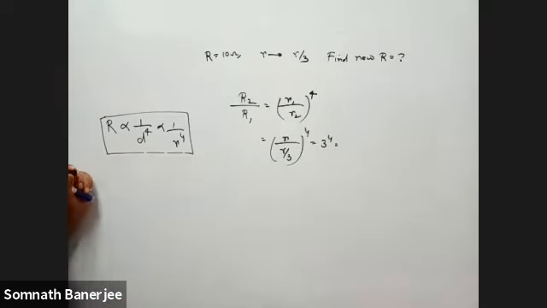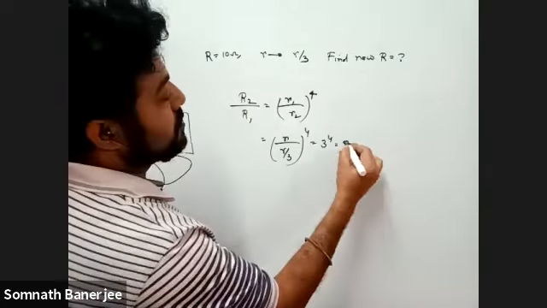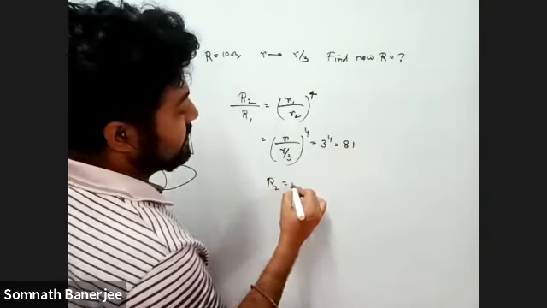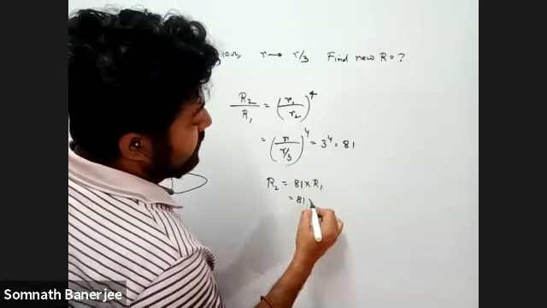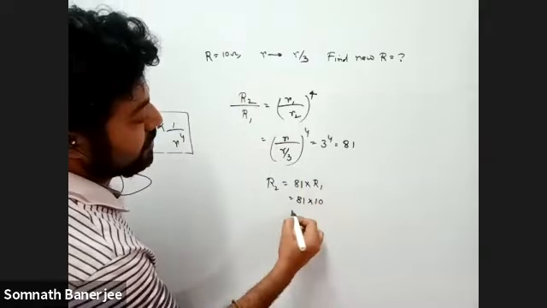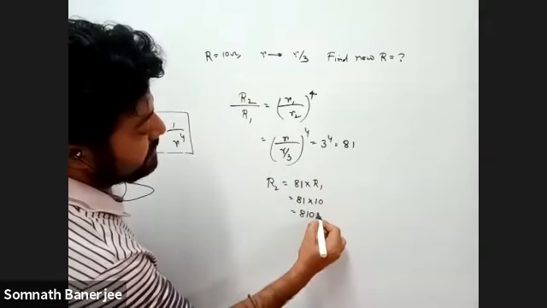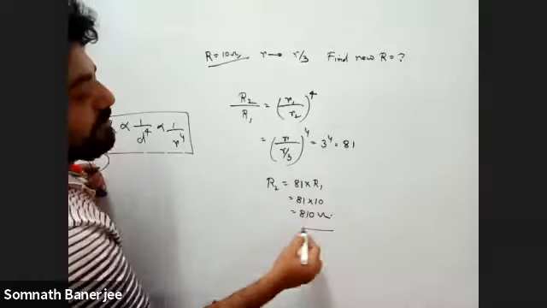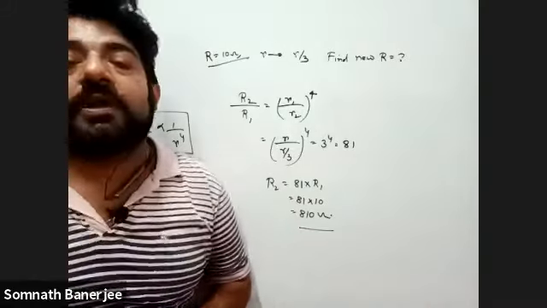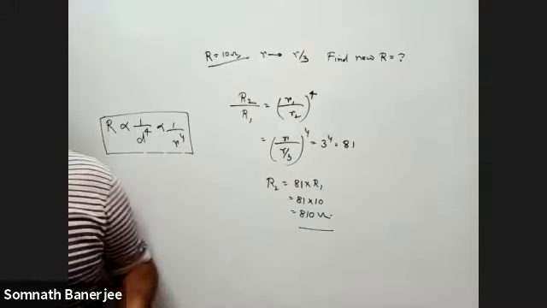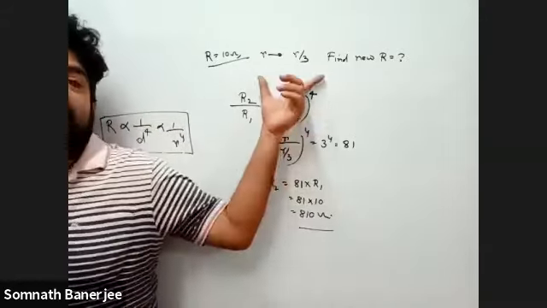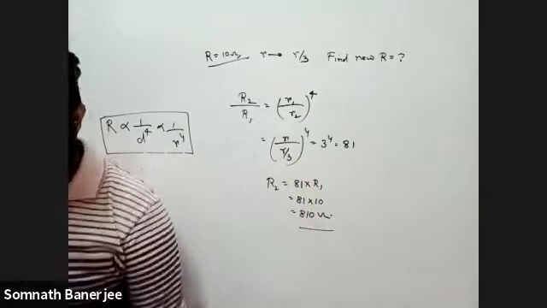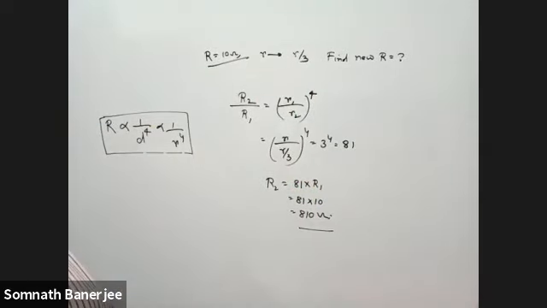How much is 3 to the power 4? 81. So R2 is 81 times R1. R1 is 10, so the answer is 810 ohm. So this 10 ohm becomes 810 ohm if, by stretching, you change the radius or diameter of the cross-sectional area. This type of question is very, very important.